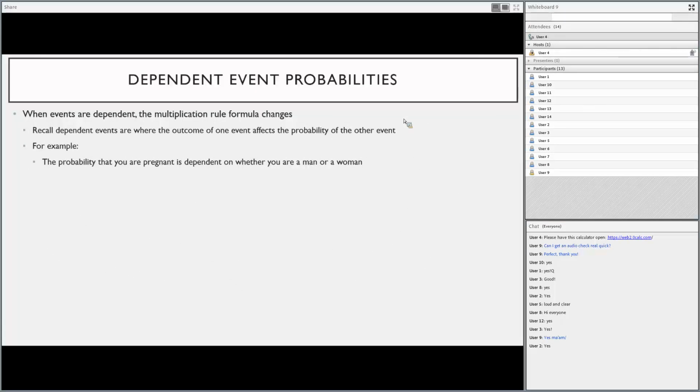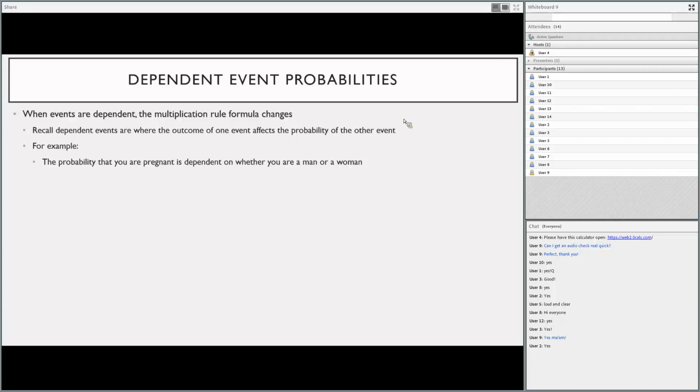So one example of two dependent events: the probability that you are pregnant is dependent on whether or not you are a man or a woman, right? If I just asked you, what is the probability that someone is pregnant, you might be able to give me a number based on some research. But if I changed the question and I said, well, wait a minute, given the fact that it's a man, now what's the probability that the person is pregnant?